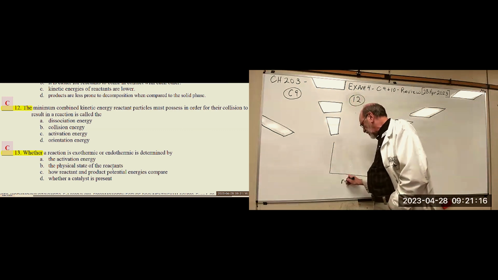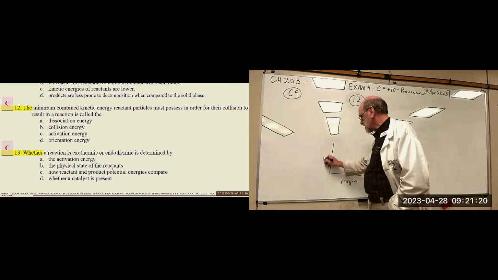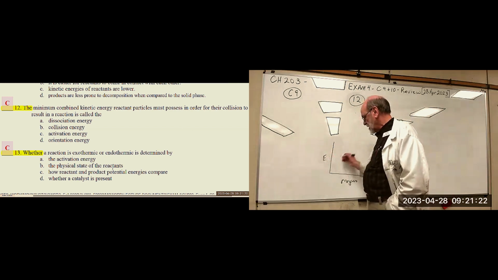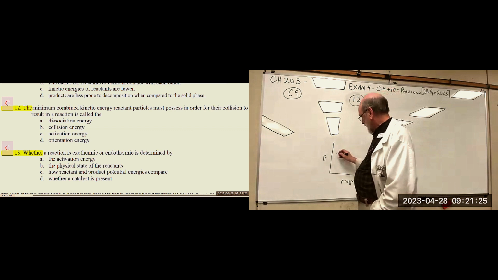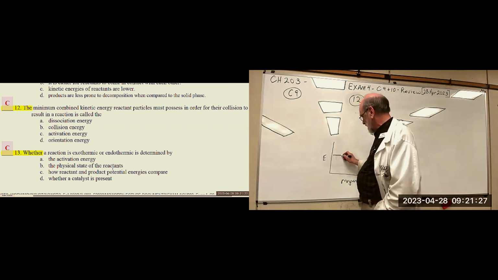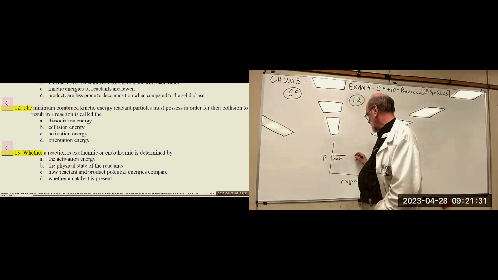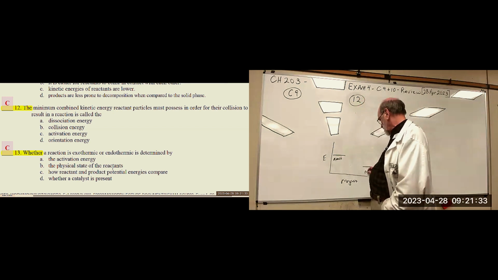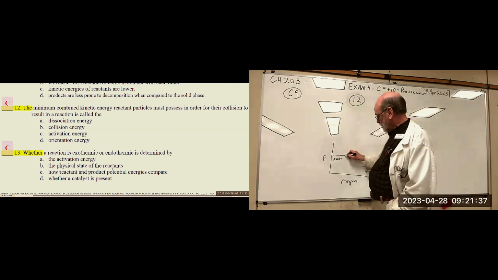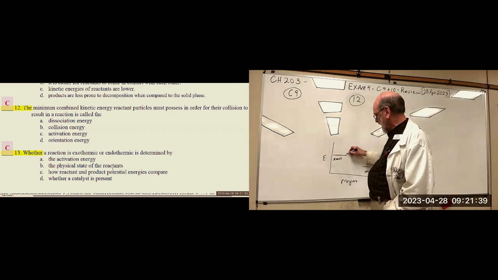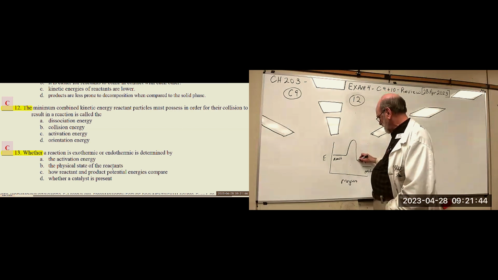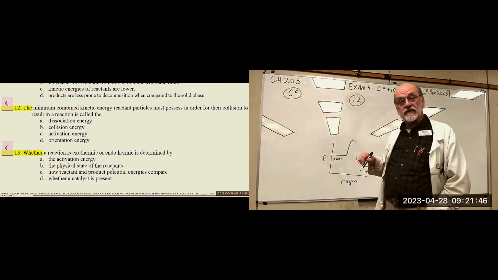This is reaction progress. This is energy. We've got reactants here and products over here. And we have to add enough energy to those reactants to get them over that hump. Then they can complete the journey to the products.